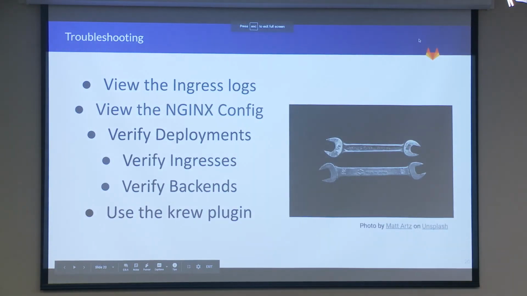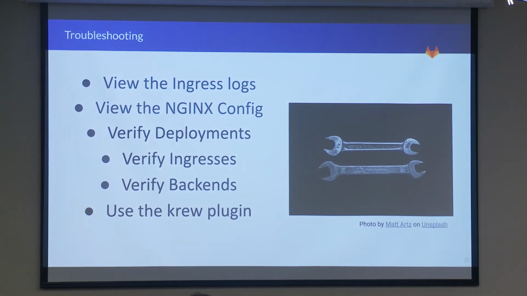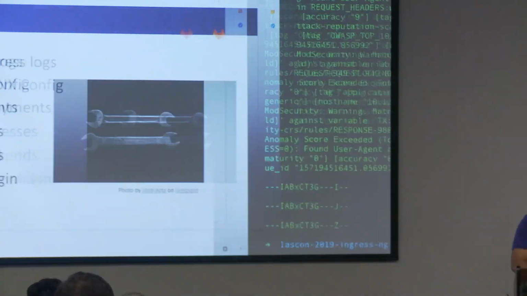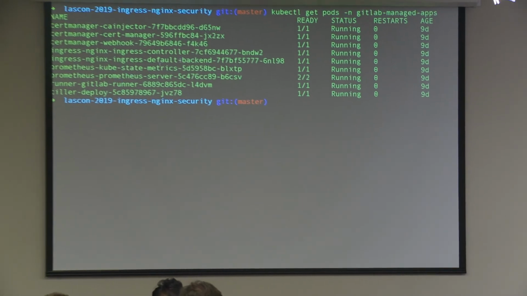Continue. Okay, and then what happens if things go wrong? How do I verify what's essentially going wrong? So to do that, what you can do is you can exec. So first of all, let's get pods -n, and so the Ingress.